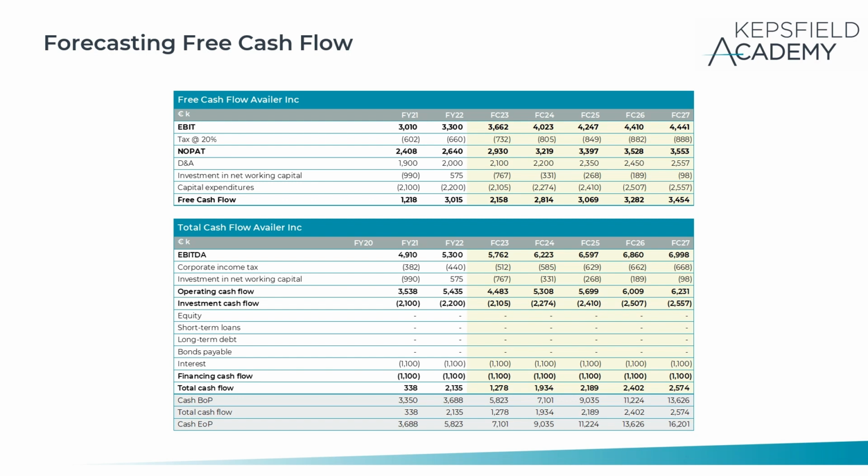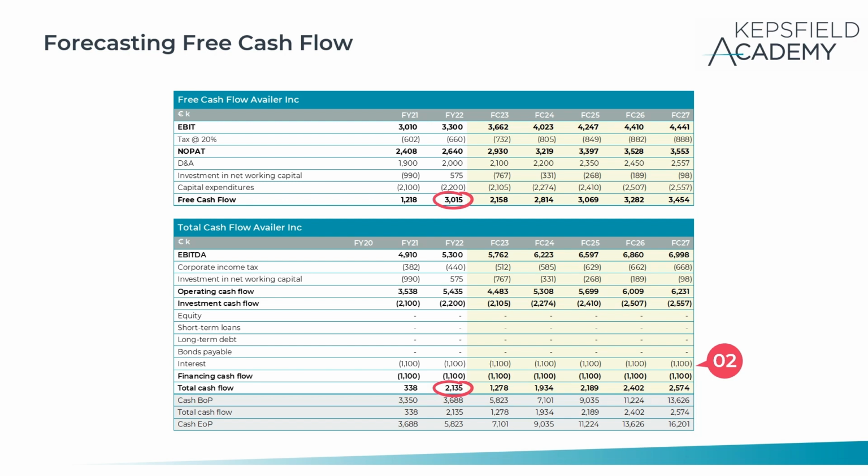For example, in fiscal year 2022, free cash flow is €3,015,000, compared to a total cash flow of €2,135,000, a difference of €880,000, which is driven by the tax calculated on EBIT instead of earnings before tax, EBT, which excludes the tax benefit from deducting interest from taxable earnings, and interest expense of €1,100,000, which is excluded from the free cash flow definition.